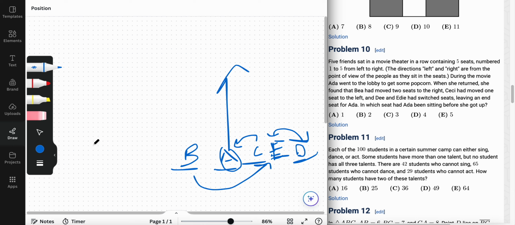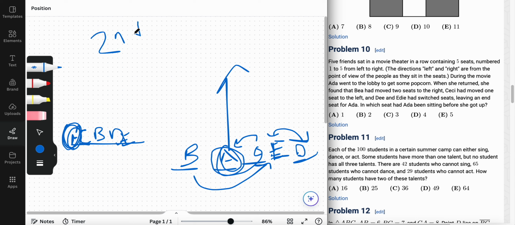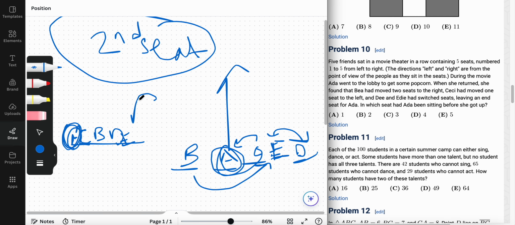That means it's going to be C, B, D, E. So this spot is empty for Ada, and this is an end seat. So that means that before she got up, she was sitting in the second seat, and this is through trial and error. So the second seat is the answer. B is the answer. So I hope that makes sense.